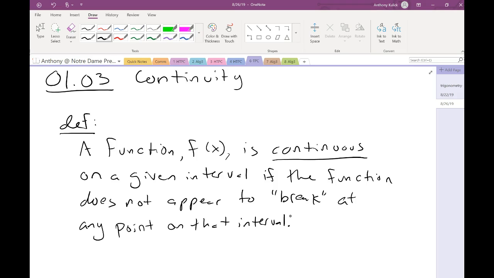You can draw a parabola without having to pick up your pencil. Polynomial functions are continuous. You can draw a polynomial without having to pick up your pencil. Radical functions were continuous. You can draw a square root or cube root function without having to pick up your pencil. Exponential functions were continuous. You can draw the entire exponential curve without having to pick up your pencil. Logarithmic functions were continuous. You can draw your whole logarithmic curve without having to pick up your pencil.